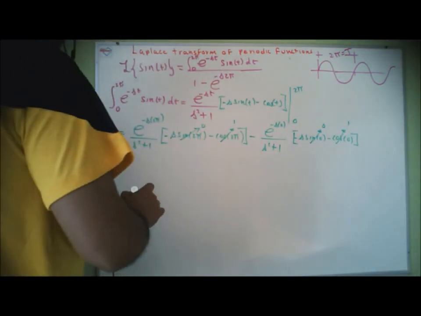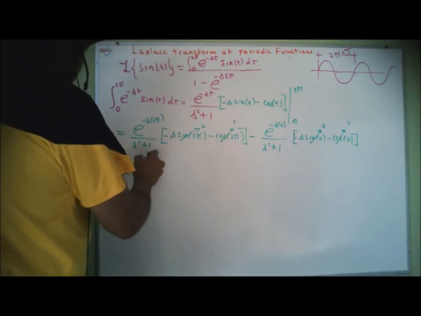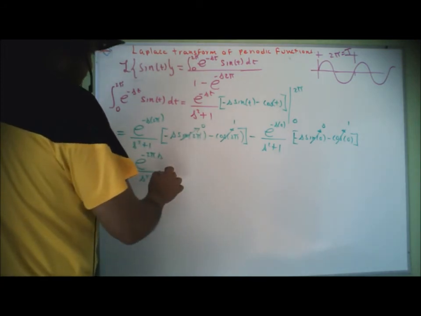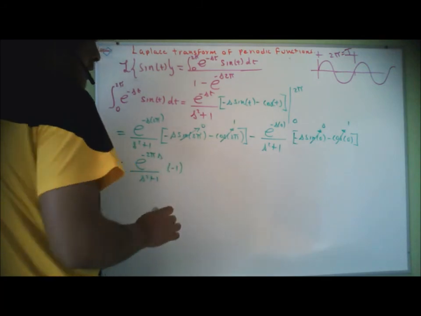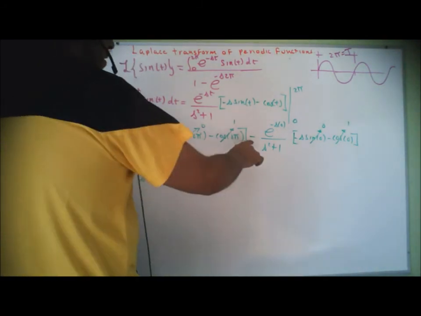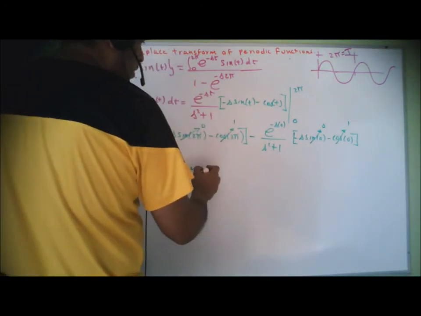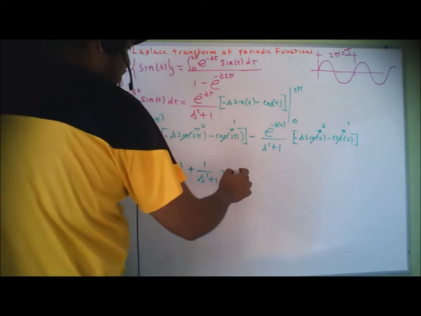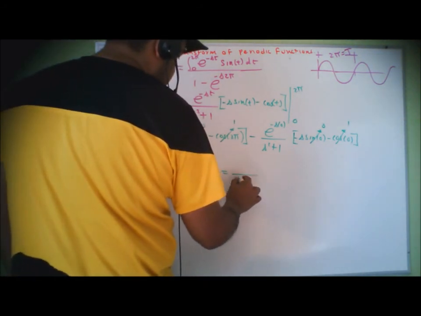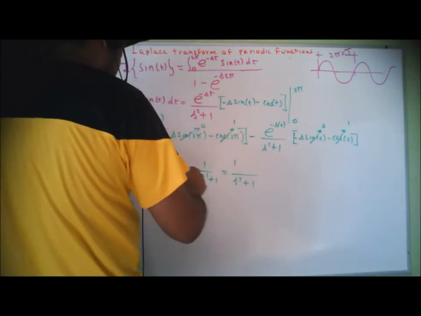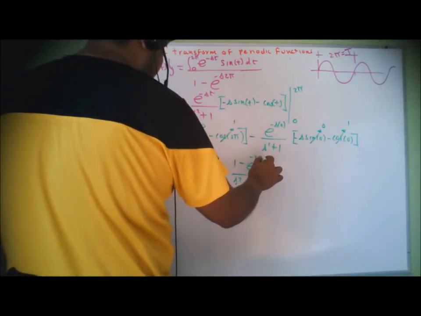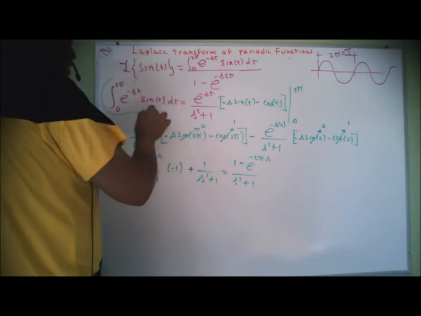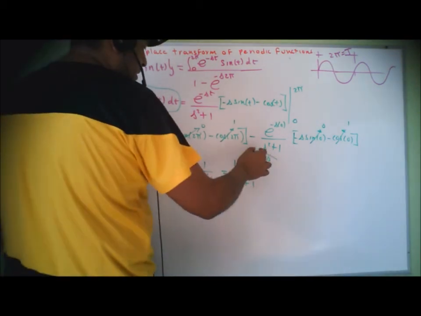So it's going to be e^(-2 pi s) over s squared plus 1 times minus 1, and then minus times minus is positive, plus e^0, which is just 1, over s squared plus 1. So we have the common denominator s squared plus 1, and in the numerator 1 minus e^(-2 pi s). We have solved the integral.